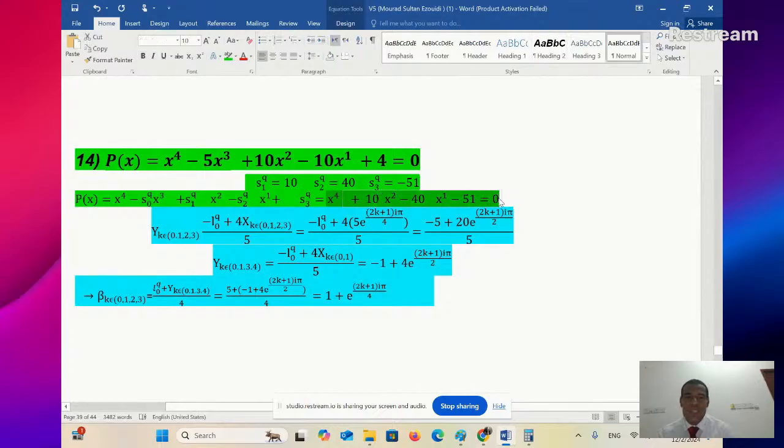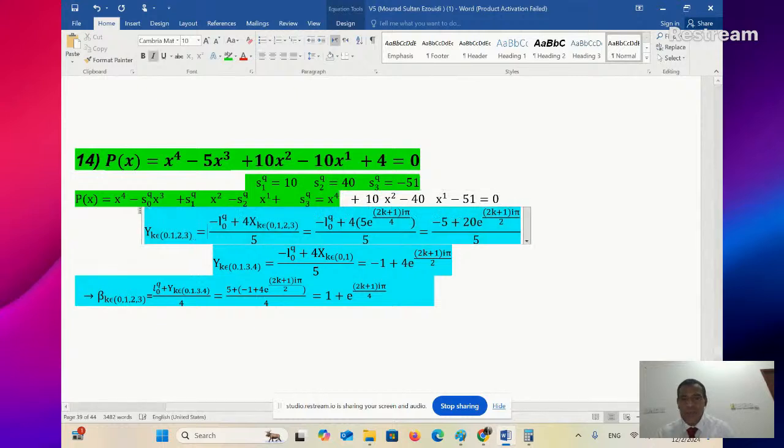Therefore, x we call y, equal to negative s0 for the cube, which is in fact 5, plus 4 times xk from 0 to 3, all divided by 5. This xk, learners, comes from the fifth degree polynomial equation when you make extension.